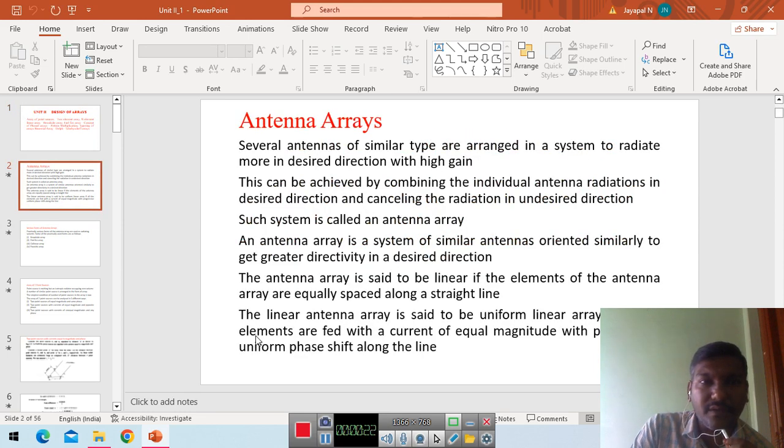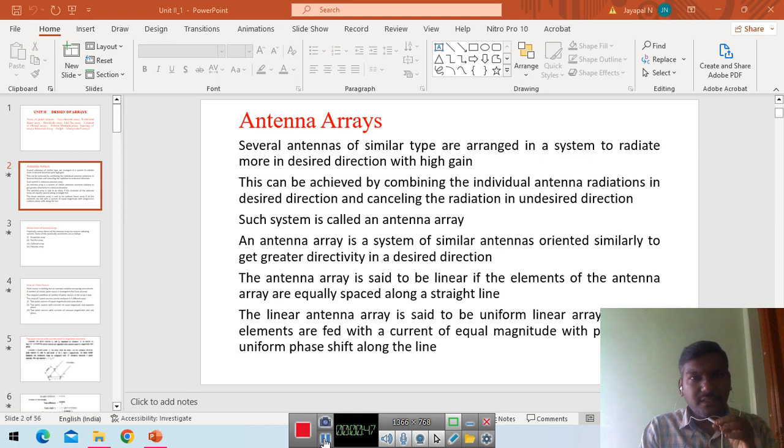Generally, an antenna array is considered as several antennas of similar type arranged in a system to radiate more in a desired direction with a high gain. This can be achieved by combining the individual antennas' radiations in a desired direction, by cancelling the undesired radiation.